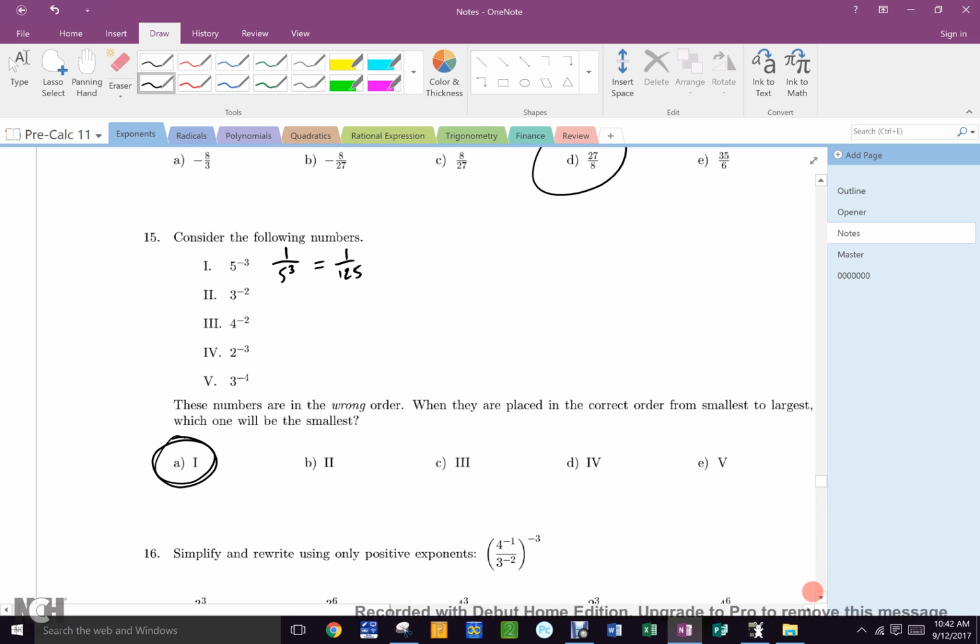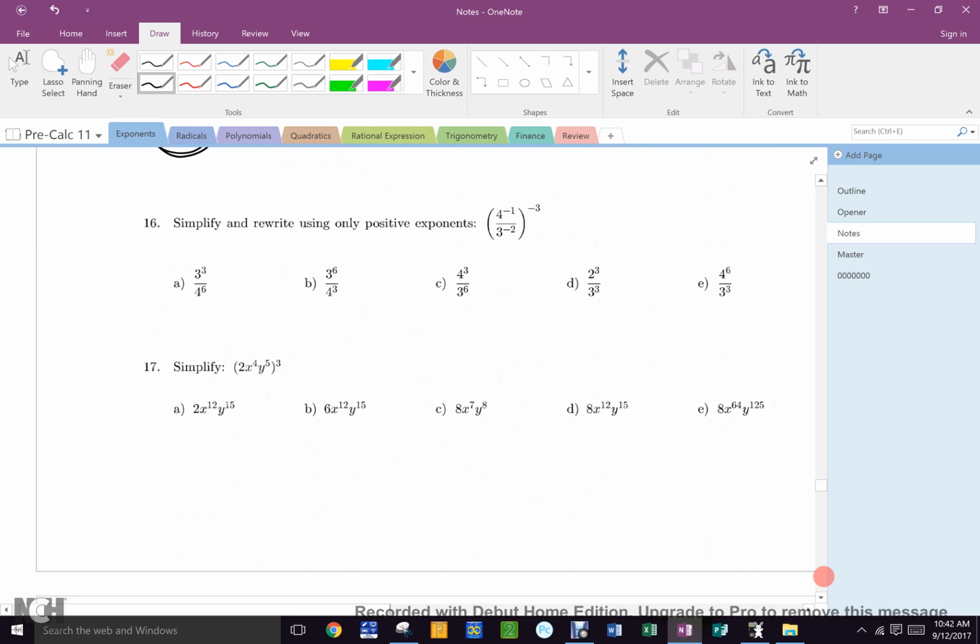Okay. 16 is C, as in Cucamonga. And 17 is D. Does anybody need that one explained? Going once, going twice, going thrice.